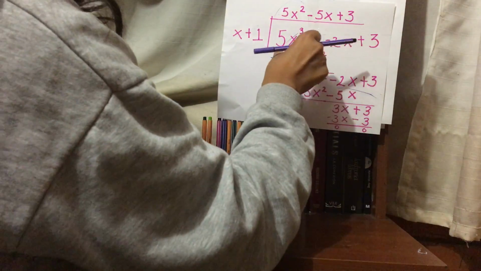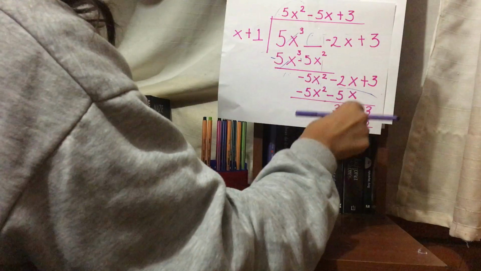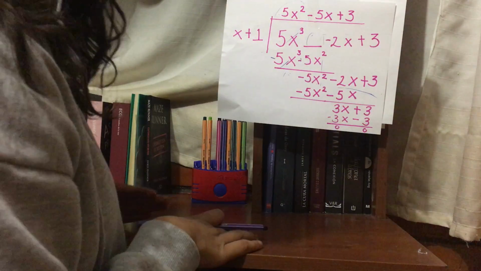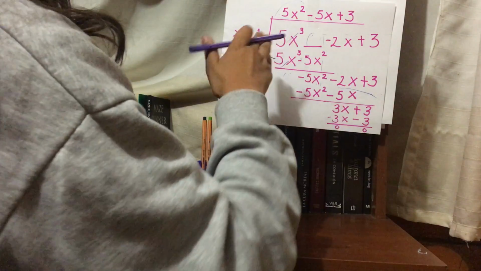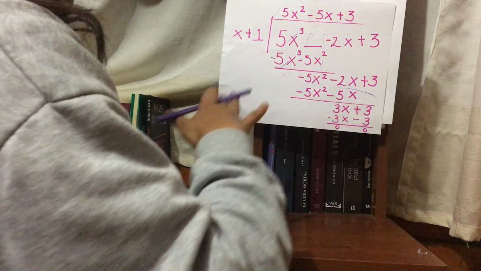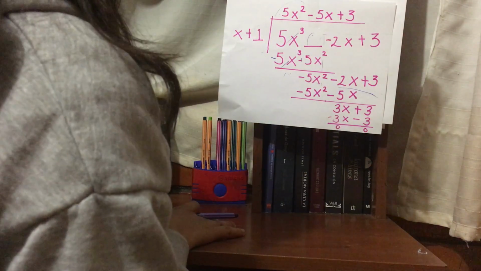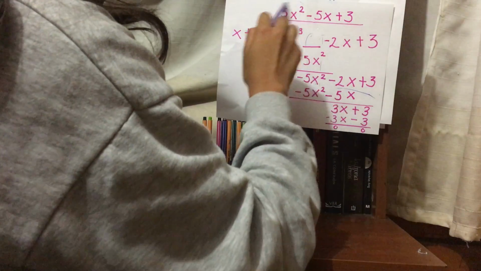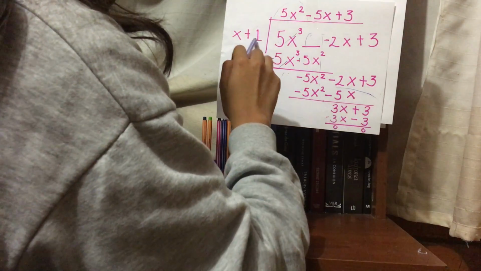So every number I get in every step, I'm going to change the sign with the opposite. For example, if I have a plus here, I need to change it for a minus. Okay, so in here, in this one, I need to multiply this number times 1.